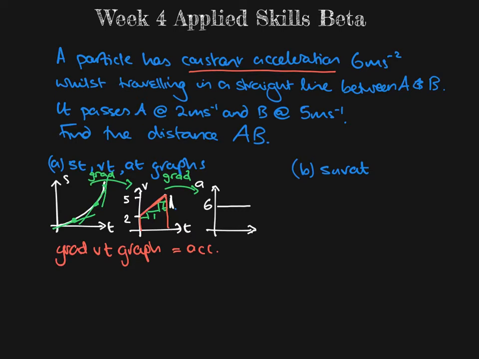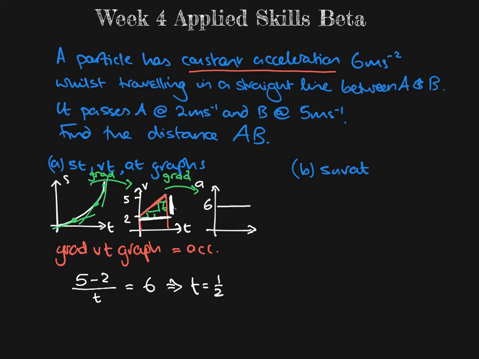So the change in the velocity here is 3. 5 minus 2 is 3, divided by the time here, which I don't actually know, but I do know that this is 6. So that gives me 3 over t is 6, so t is a half. So it's only half a second long, this particular thing.